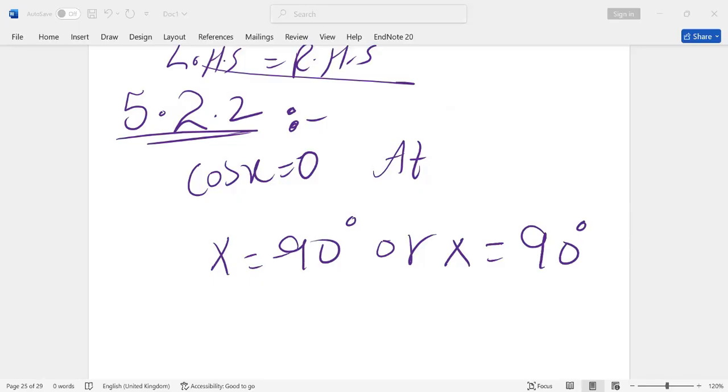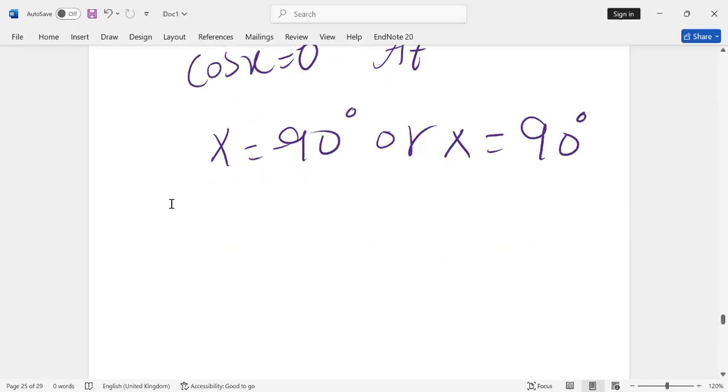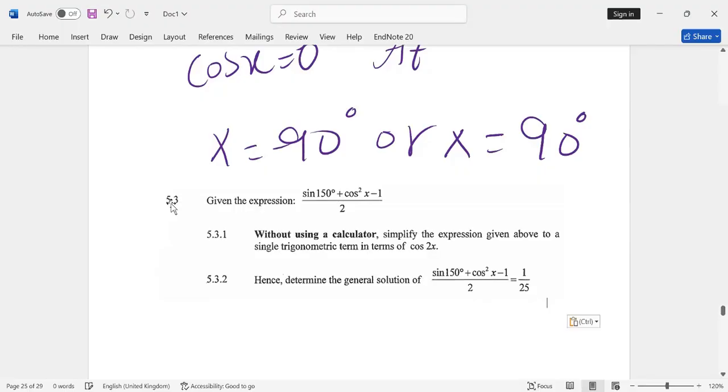Okay, so let's move to the next question, which is 5.3. It has the expression sine 150 plus cos square x minus 1, divided by 2. It has two parts.